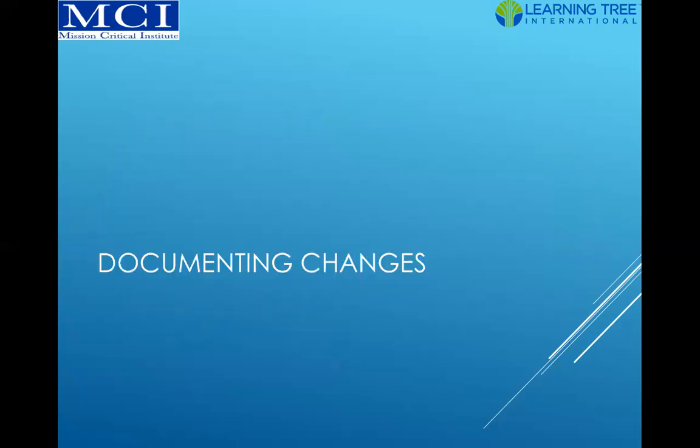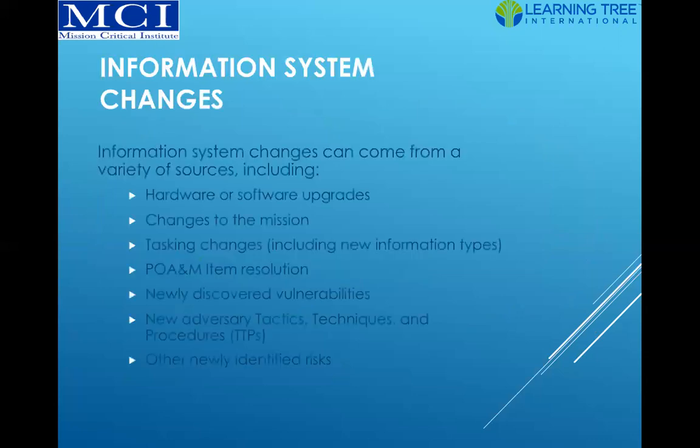So documenting changes. This is where configuration management comes in, documenting any changes to the system. Usually there's a configuration control board in place at the organization, and they monitor and approve or disapprove any changes that are recommended by anyone in the organization.